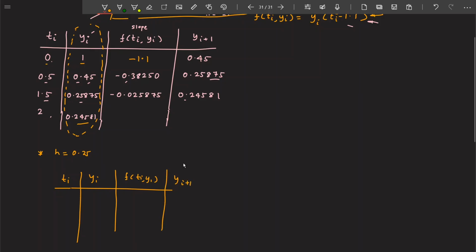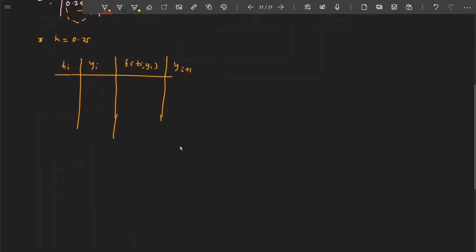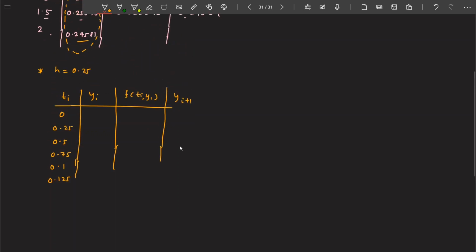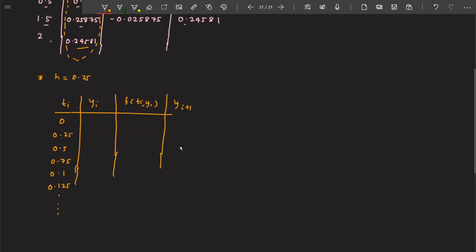So you'll start at 0, then 0.25, you'll add h, then you'll add h, then you'll add h, and you'll just go on adding.